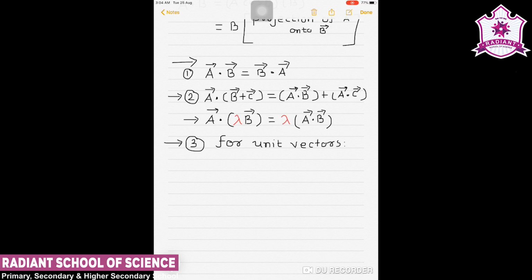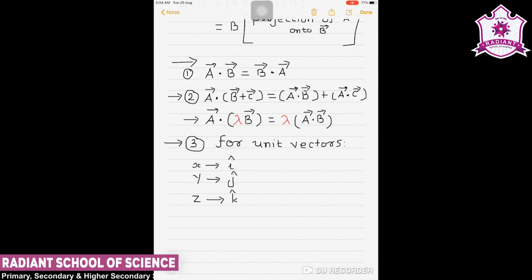We already know how unit vectors are given: for the x-axis we give i cap, for the y-axis it is j cap, and for the z-axis it is k cap. Similarly, for minus x-axis it is minus i, for minus y it is minus j, and for minus z-axis it is minus k.